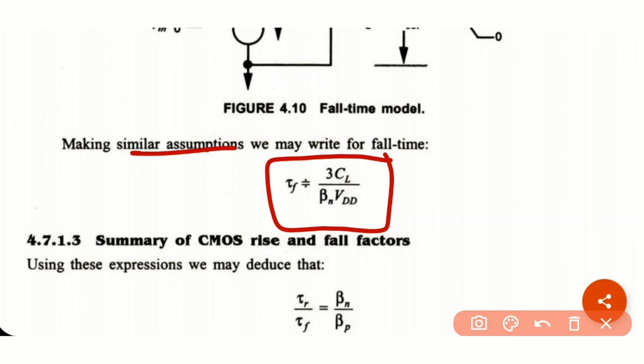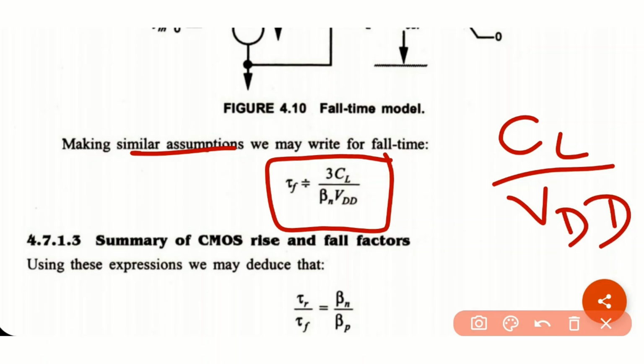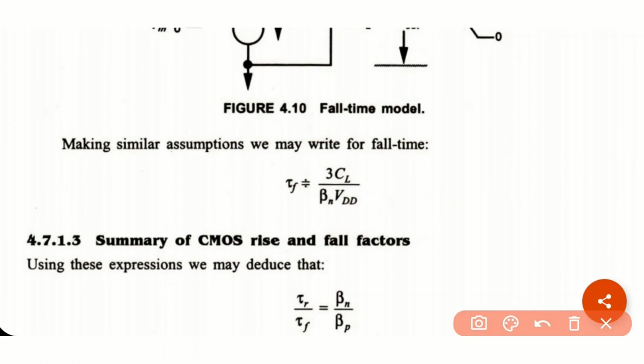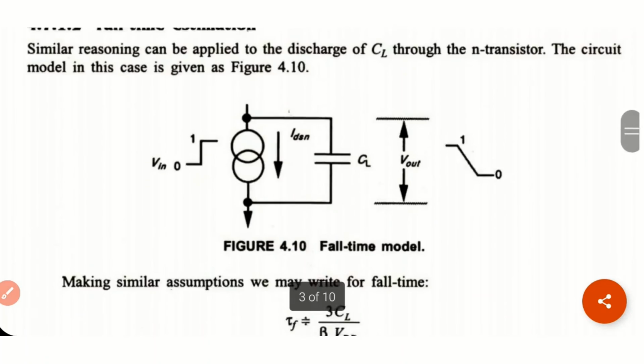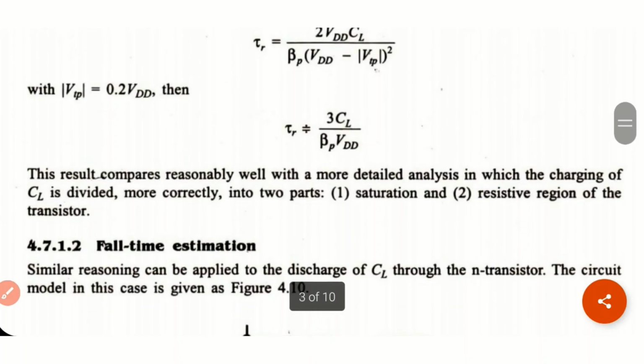Your fall time, tau f, will also be directly proportional to CL and inversely proportional to VDD. So you get an almost similar formula. The only difference is the beta: in this case we have beta n, whereas in the rise time it was beta p.